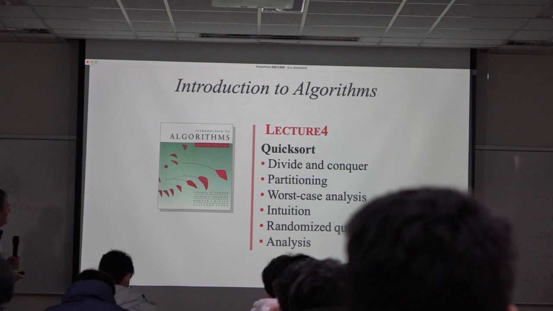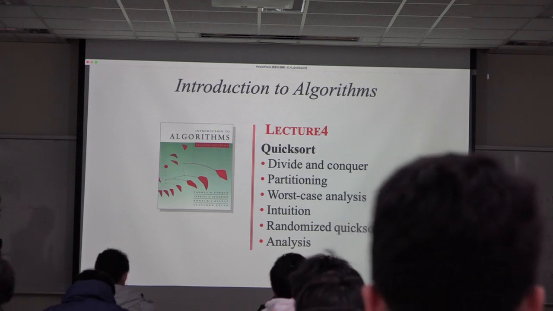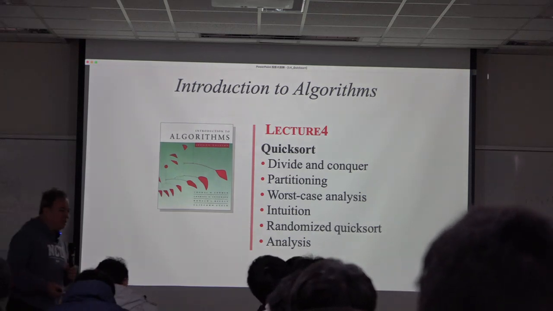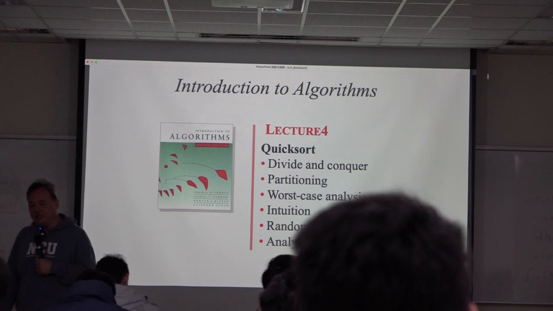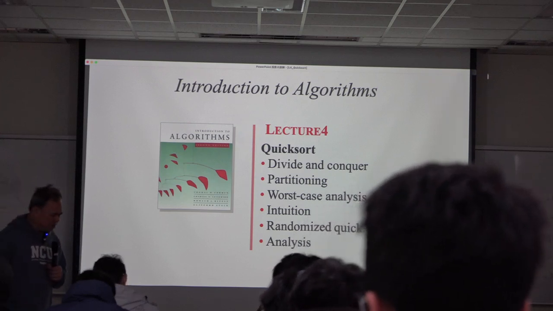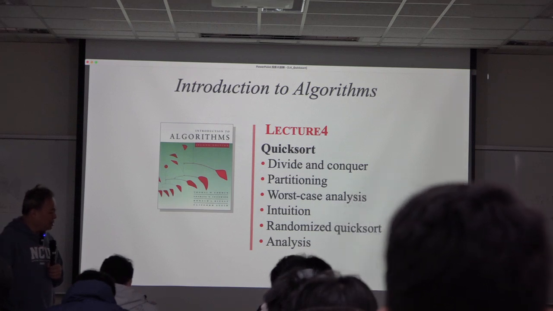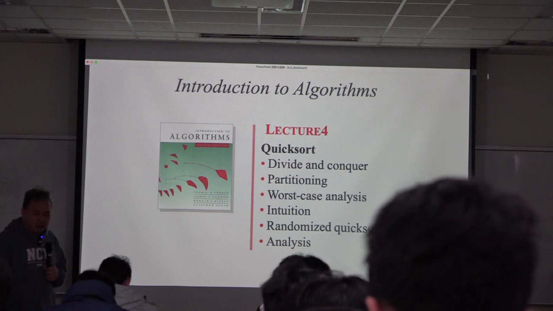And so this lecture 4 is for the quicksort. Quicksort is also a divide and conquer algorithm. Remember, we talked about merge sort. Merge sort is a divide and conquer algorithm for sure, and we talked about it in the first lecture, right?